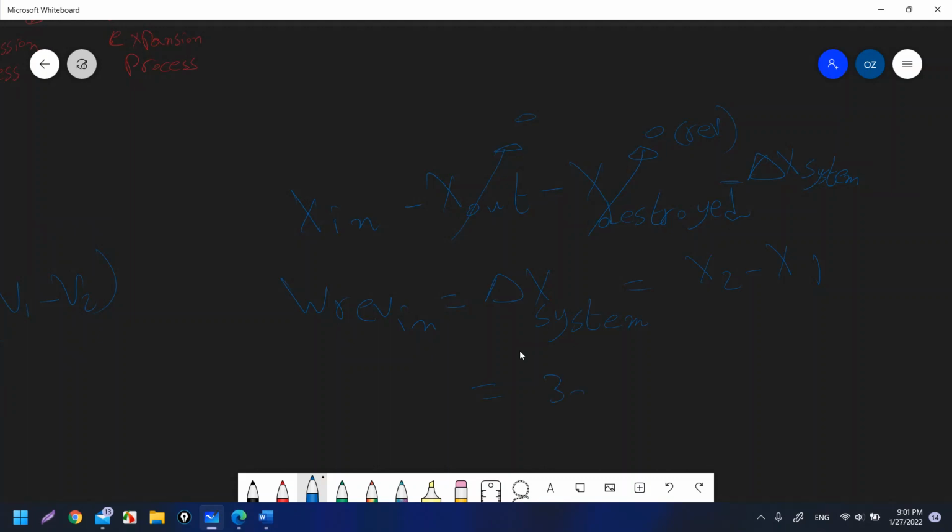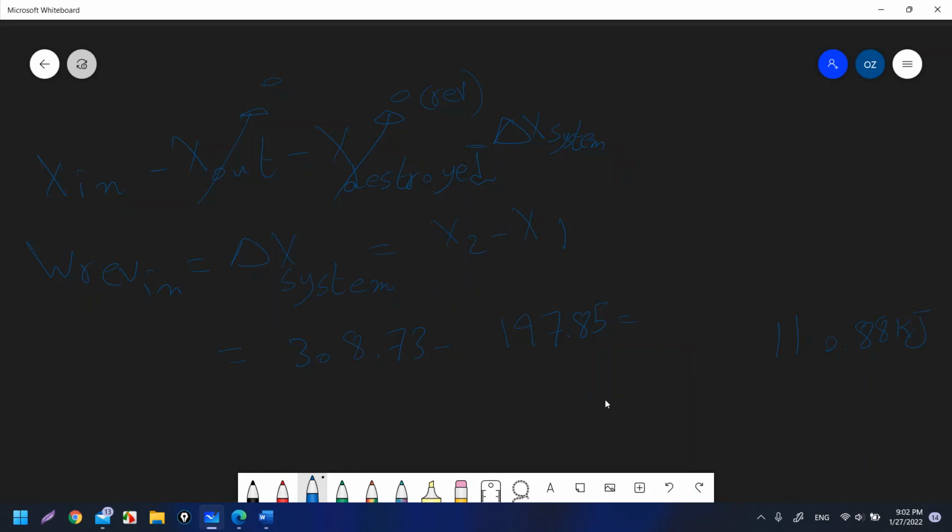This will equal 308.73 minus 197.85, and it is equal to 110.88 kilojoule. That's the work reversible.